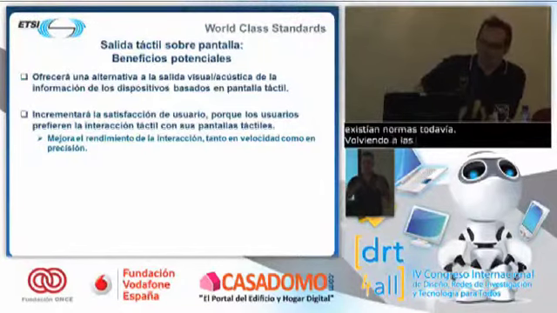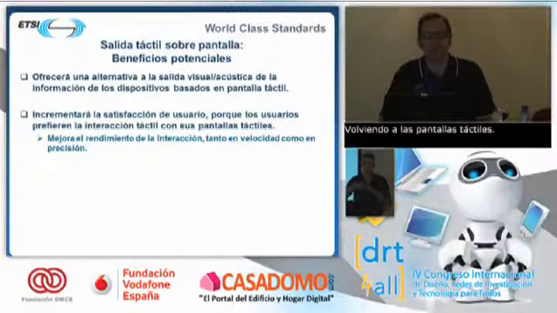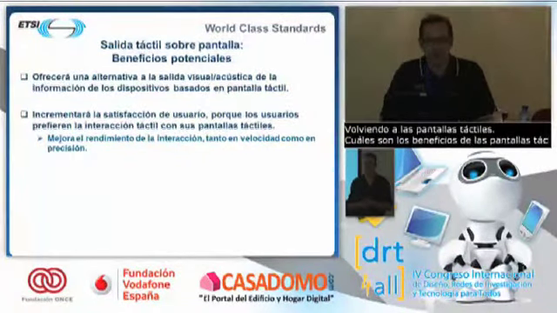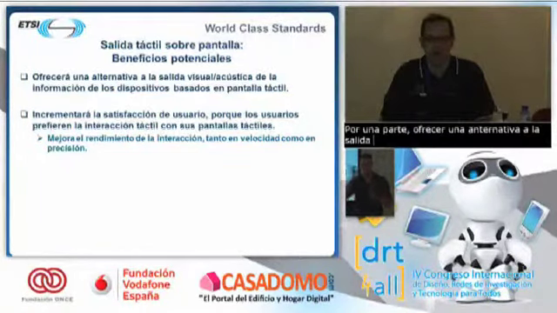If we come back to tactile screens then, touch screens, what's the benefit of these tactile screens? Well, they offer alternatives for visual and audio output.